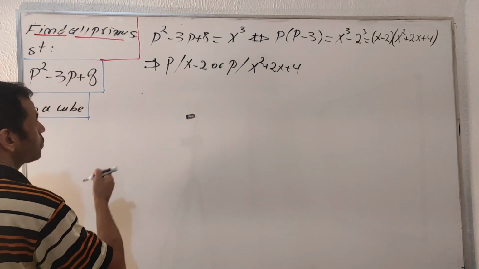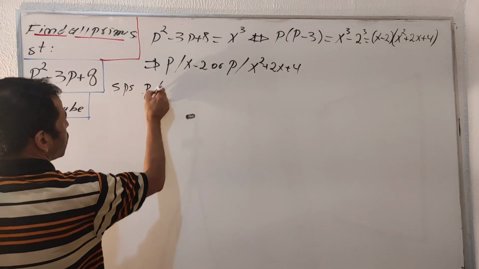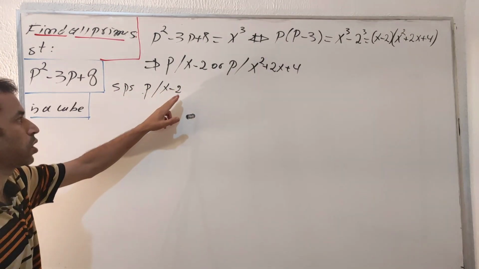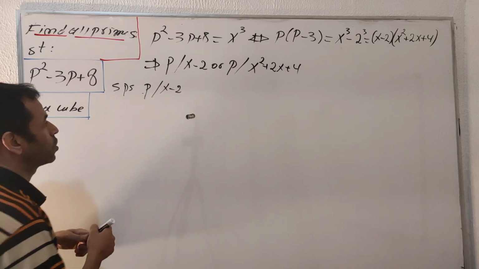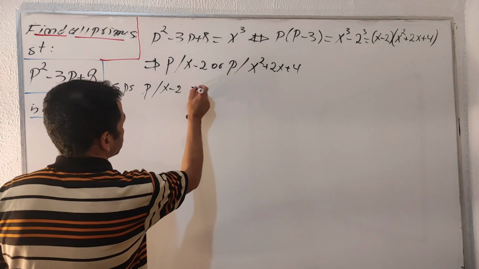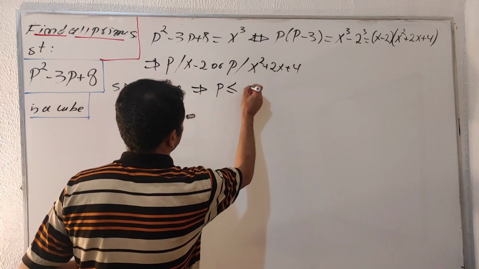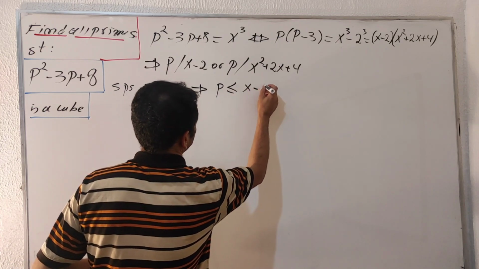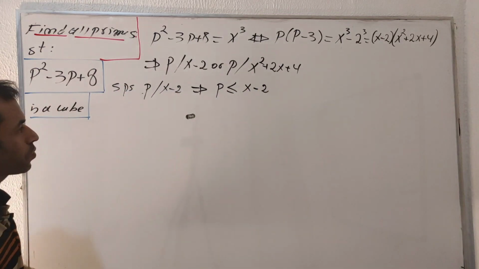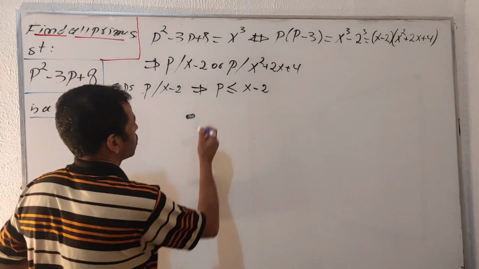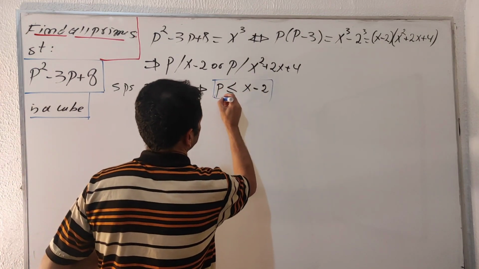Suppose p divides x minus 2, so we are doing that by an absurd proof. So p divides x minus 2 implies p must be less than or equal to x minus 2. Let's save this one for later.